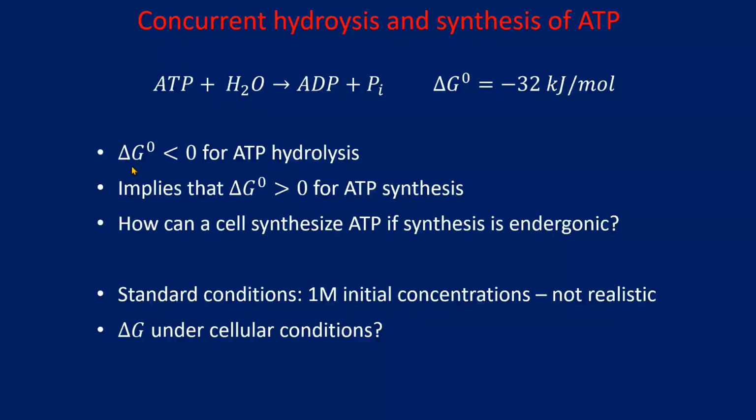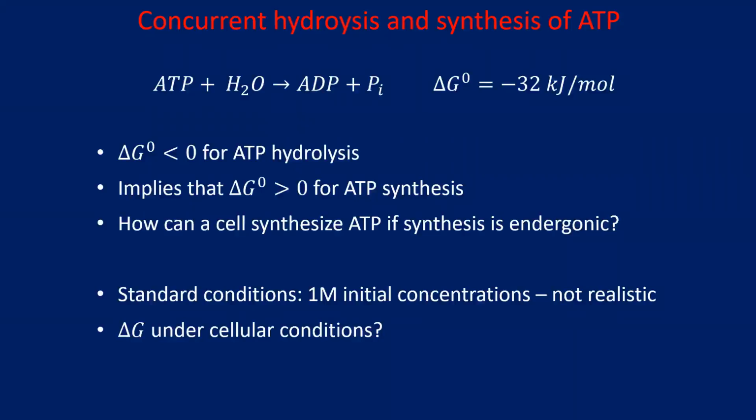What you want to notice here is that in this reaction, delta G is less than 0 for ATP hydrolysis. That implies that delta G should be greater than 0 for ATP synthesis. This is hydrolysis, and for the synthesis it should be the opposite.